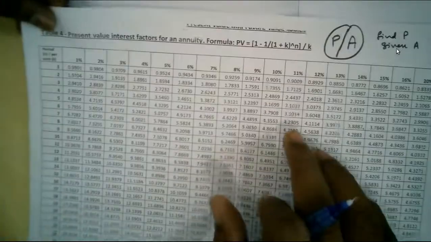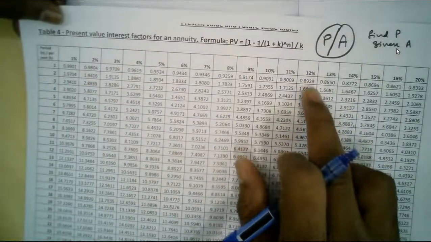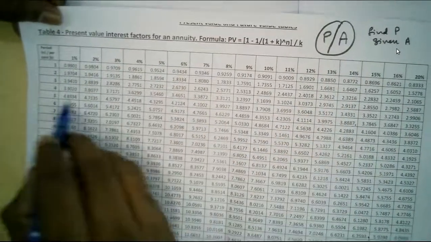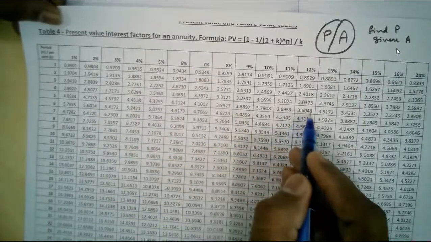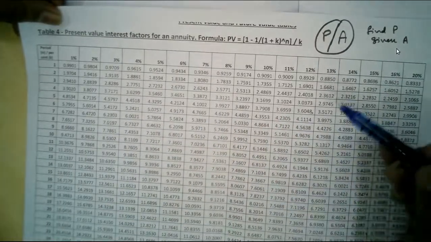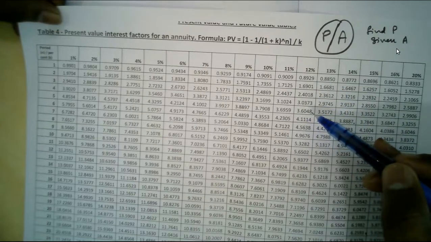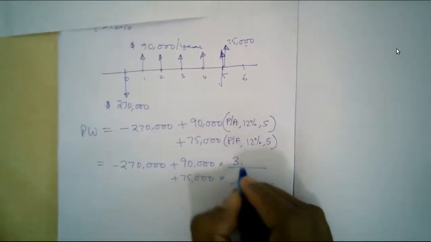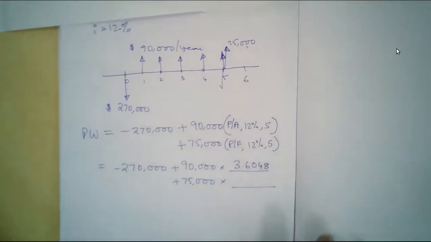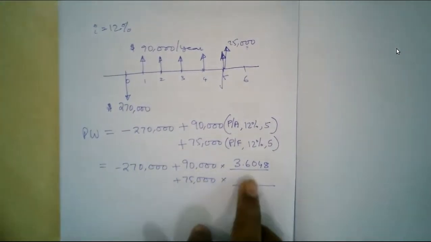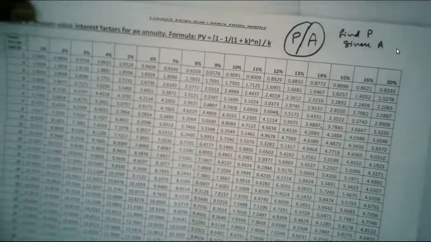Okay, so again look at this sheet. So this is P by A sheet, 12% and 5 years. Okay, so I have 5 years like this. This value, 3.6048. Okay, so 3.6048. Similarly, here P by F. So this sheet will not be useful.